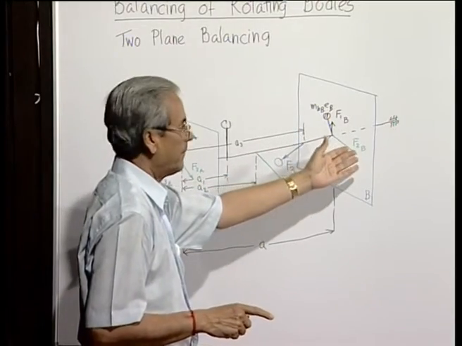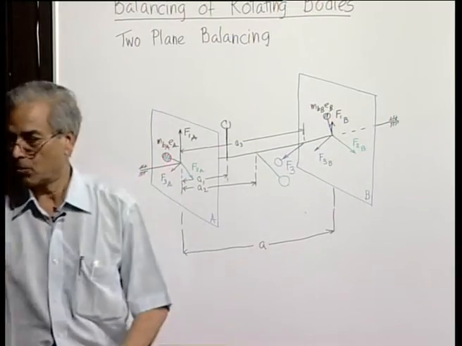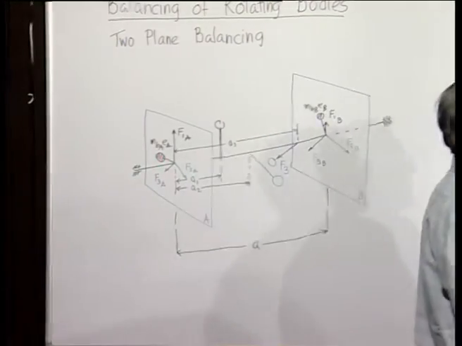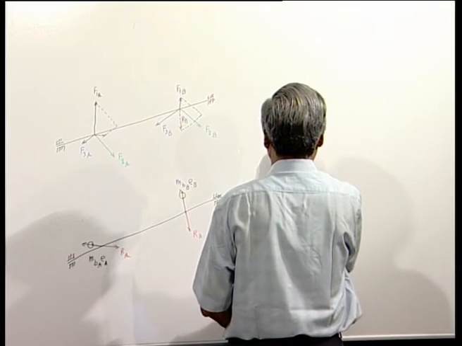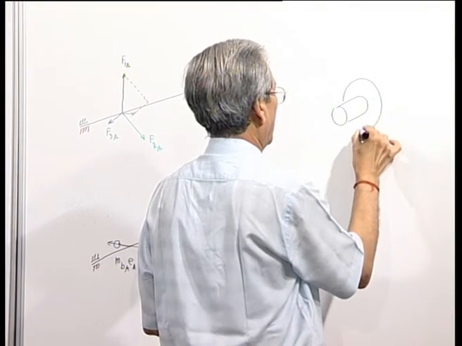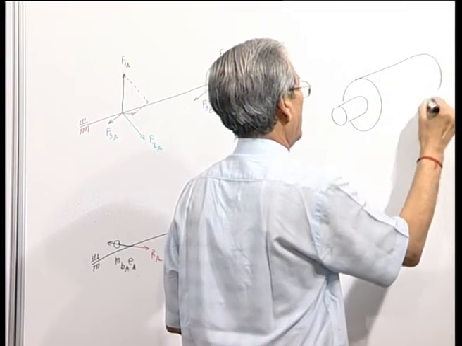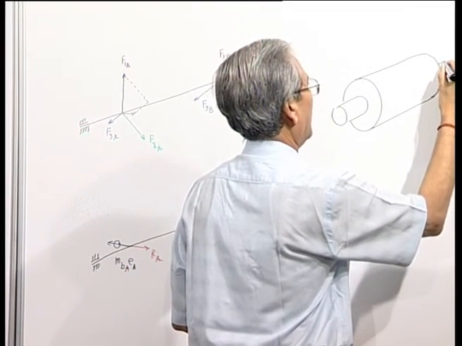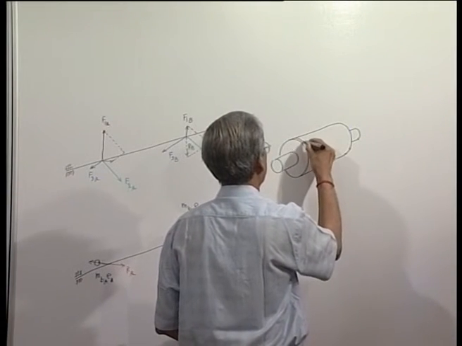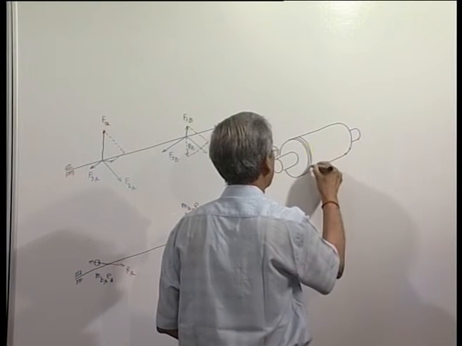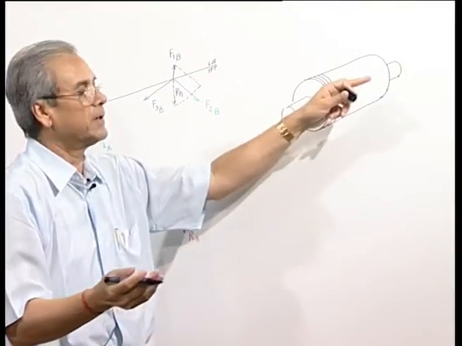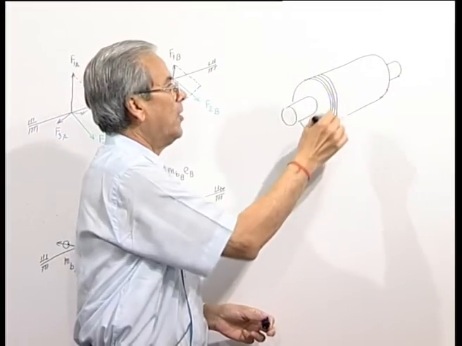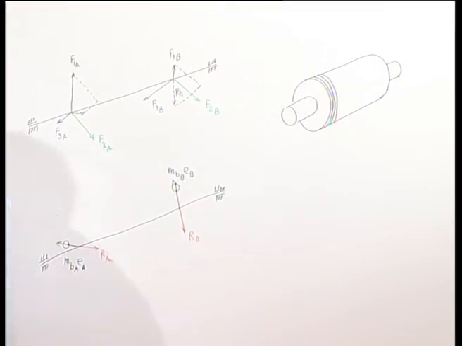Same thing happens here. So, if we consider even a continuous rotor, then this can be split into thin discs, infinite number of thin discs, and each one of these discs may have its own unbalance, but it does not matter even if the number is infinite, because it can always be balanced by only 2 balancing masses placed at 2 suitably chosen planes, which depends on the designer's convenience.